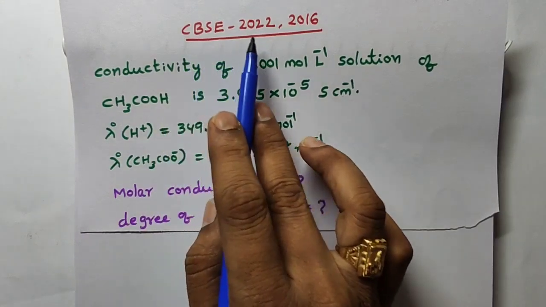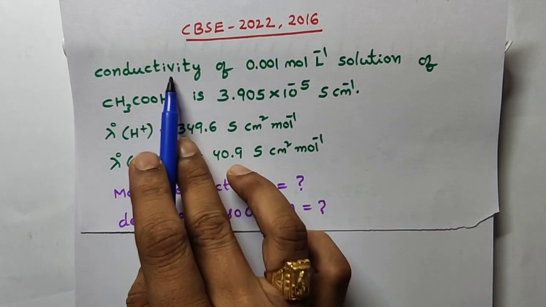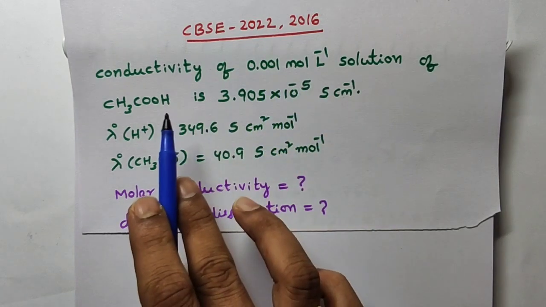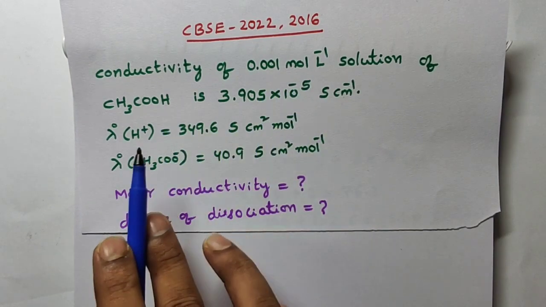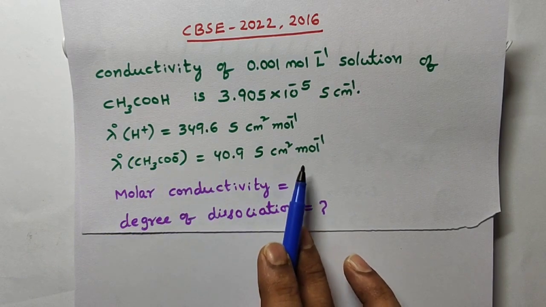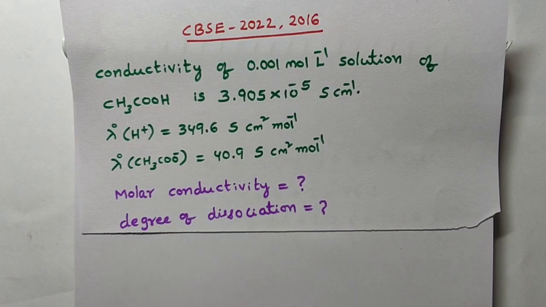Next question, CBSE 2016. In this question, the conductivity of 0.001 molar acetic acid solution is given, and the limiting molar conductivities of H plus and acetate ions are also given. We have to find the molar conductivity and degree of dissociation.